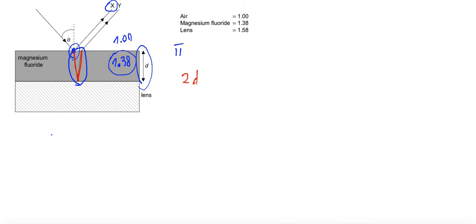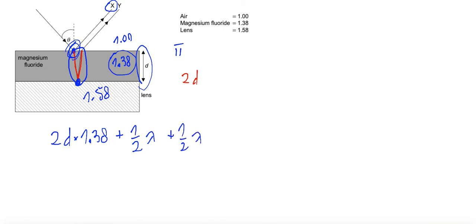So you can write something like this: 2d multiplied by 1.38, because the wavelength is reduced by 1.38 when it enters the magnesium fluoride. And this is shifted by half of lambda because we have a change in phase at this point, and again half of lambda because we also have a change in phase at this point. The refractive index of the lens is 1.58, so a double change of phase results in no change in phase.